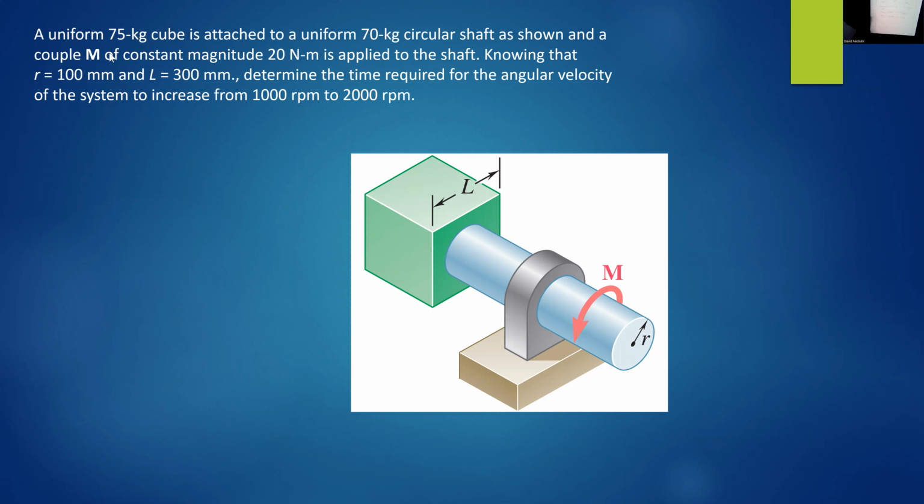And then you're given a couple, M is 20 newton meters. You want to see how much time it takes to increase it from 1,000 to 2,000 RPM. So this is really just a plug-in problem with the very simple equation I showed you. But just to get familiar with the terms, let's go ahead and do that.